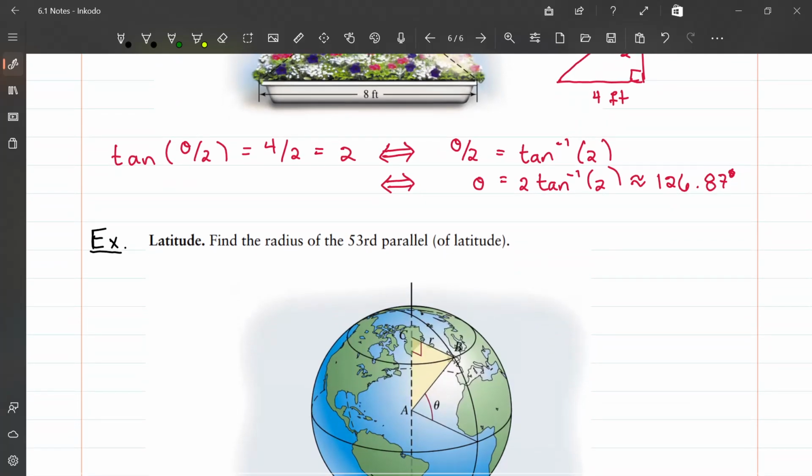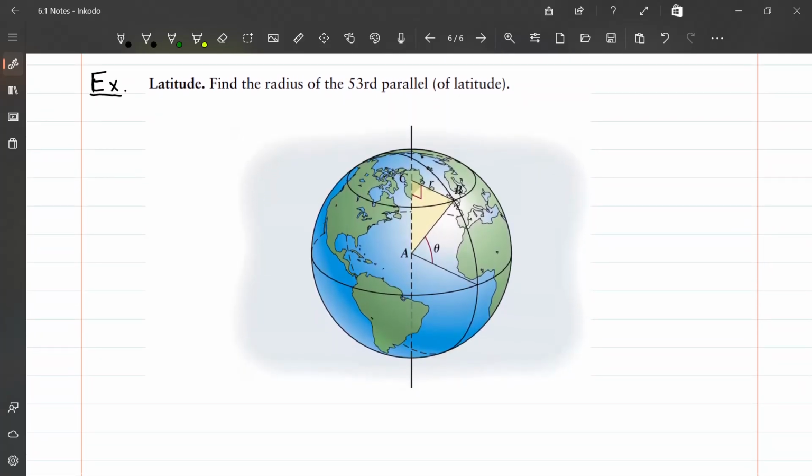The problem is stated very simply. It says, find the radius of the 53rd parallel of latitude. Now, I believe the textbook provides an explanation of this, so let me go ahead and talk you through it pretty simply. Normally when we look at maps of the Earth, we look at them flat, and the lines of latitude are lines that are parallel with the equator.